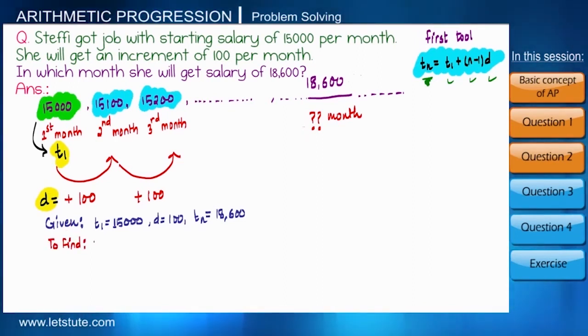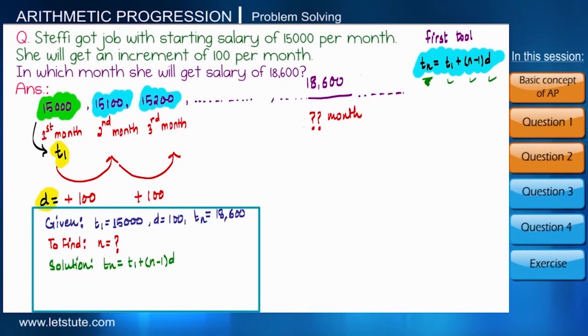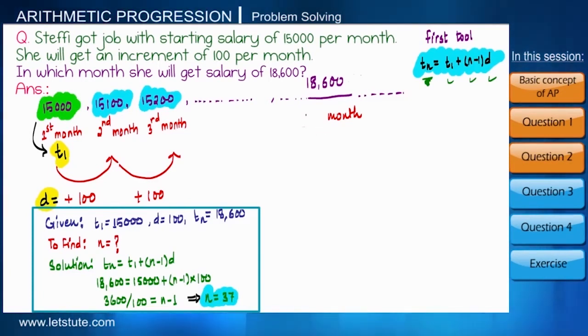So we have to find N. Alright, so by substituting values we will get N equals 37. That means she will get 18,600 in the 37th month. So now we have understood what N and Tn are in any given situation.